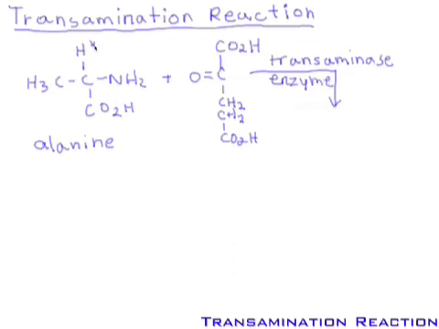This H and this NH2 end up going where the C double bond O is, and the C double bond O ends up going where the H and NH2 was. If that happens, you're going to end up with CH3, C double bond O, CO2H, which is pyruvic acid.